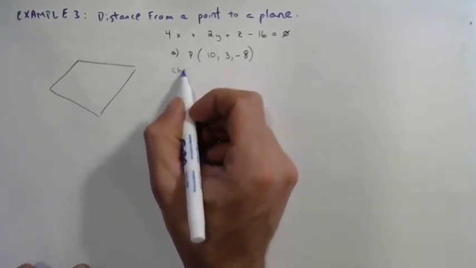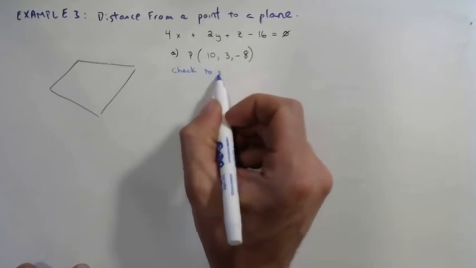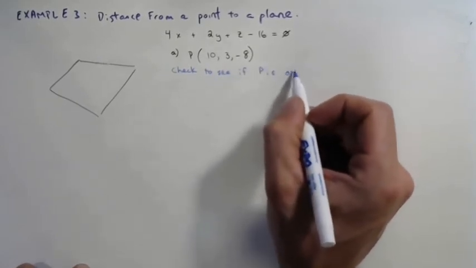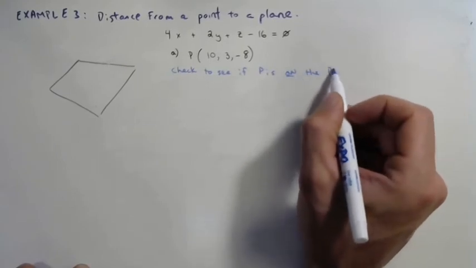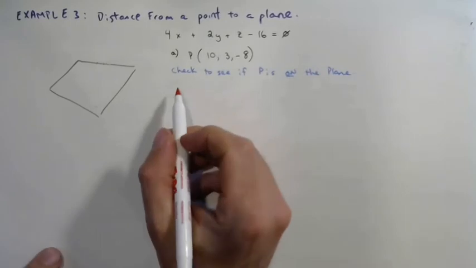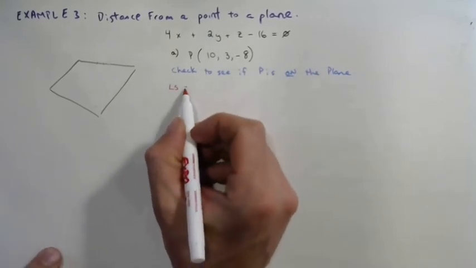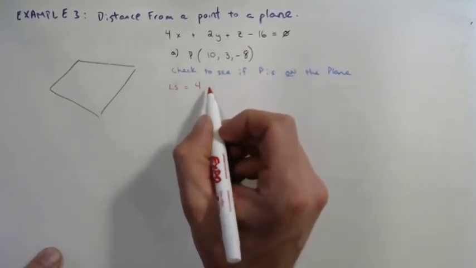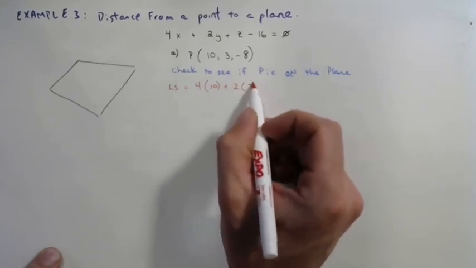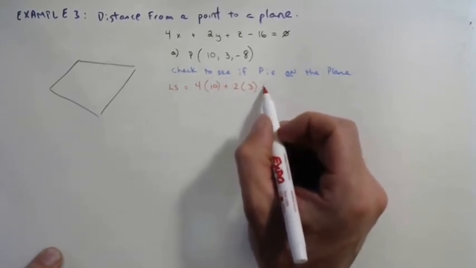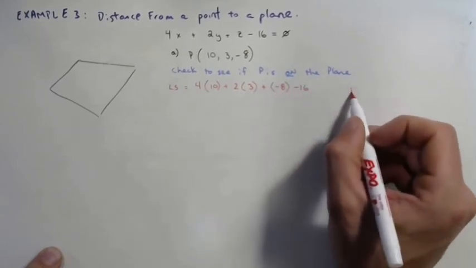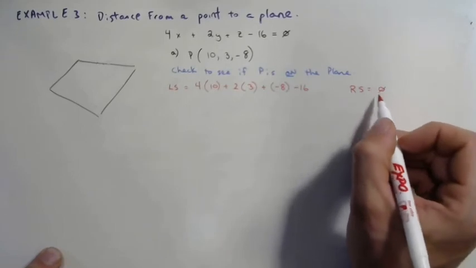So check to see if P is on the plane. We do that really simply using left side, right side. So we've got the left side of our plane is 4x, and I'm just going to sub in my values right away, plus 2y plus z, which is -8, minus 16, and the right-hand side we have 0.